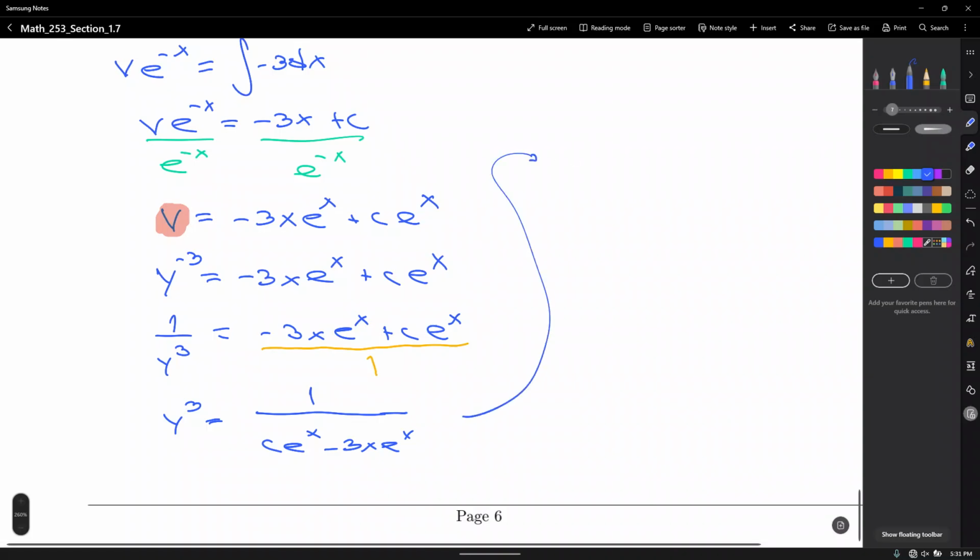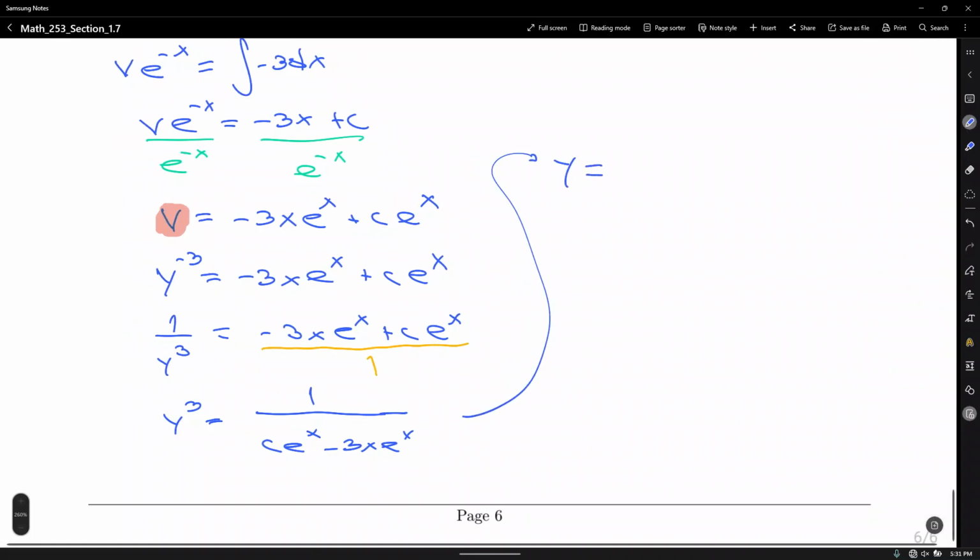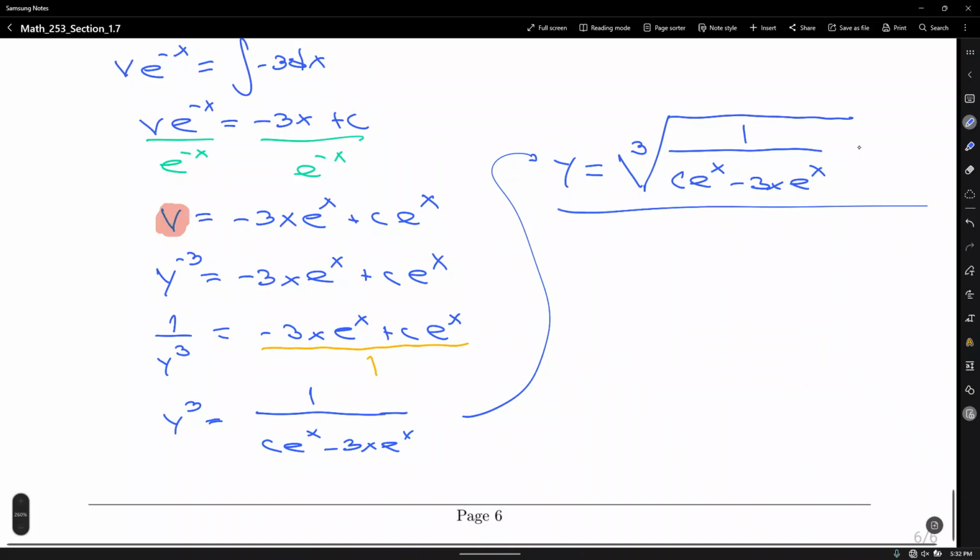So y equals the cube root of 1 over c e to the x minus 3x e to the x, with everything under the radical. And that is the solution to the differential equation, a Bernoulli's equation. That's also the end of the section.